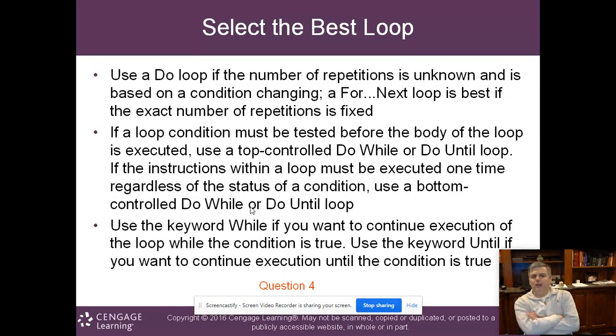So the do while and the do until, the differences of those, it's just kind of opposite. Really all you have to do, if you want to play around with how they work differently, is if you're using a greater than or less than, if you just flip that greater than or less than, you can switch between a do while or do until.